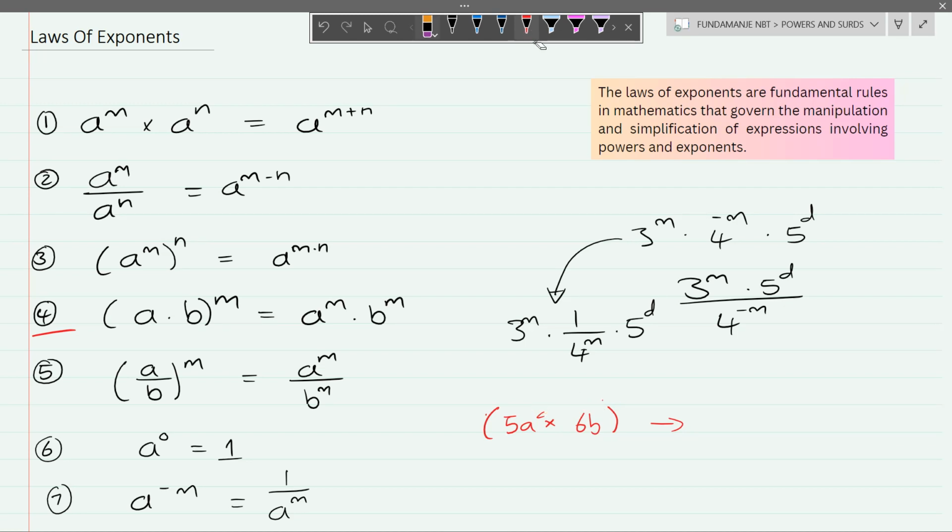But since that is not the case, since we have a plus here, let us not confuse these two laws. What we have to do here is expand 5a plus 6b and another bracket 5a plus 6b. And that's how you would solve that problem.